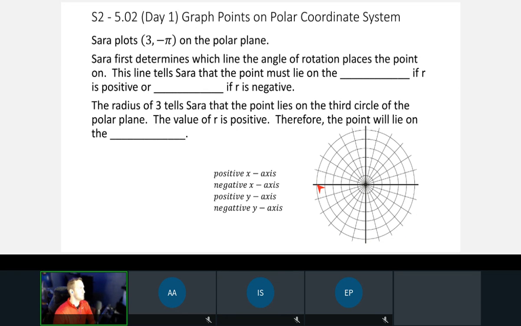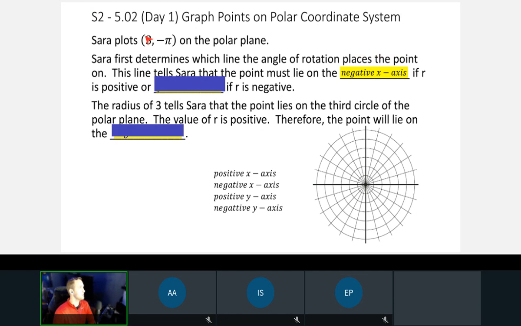So if r is positive, where are we? The negative x-axis. Yes, we're definitely on the negative x-axis if r is positive, which it is.